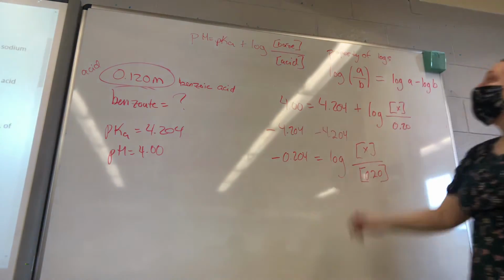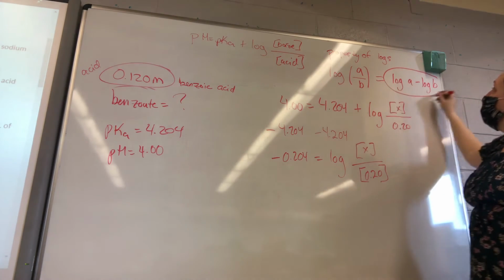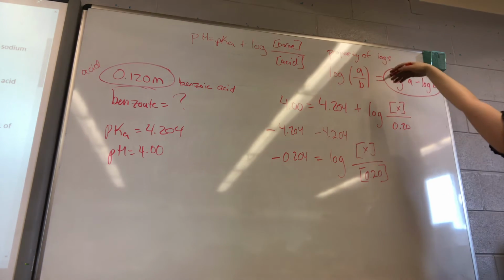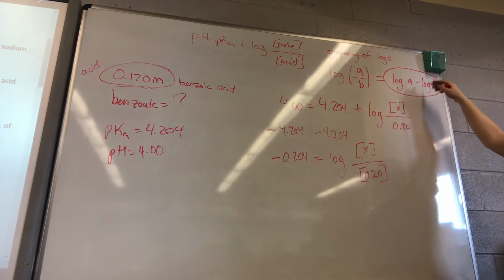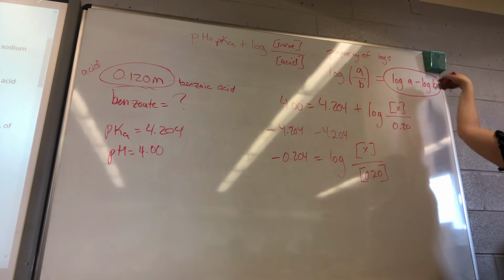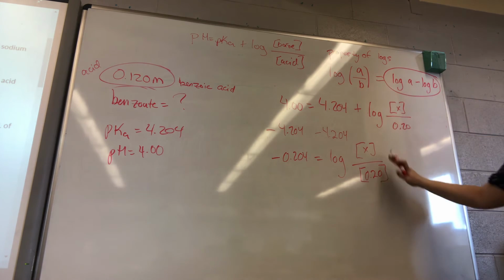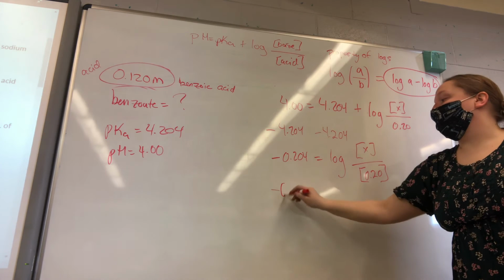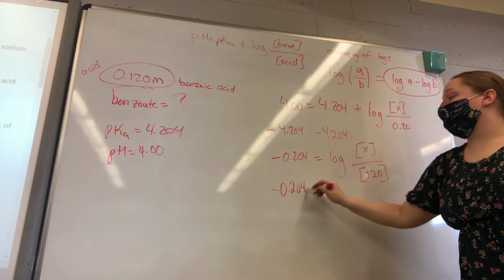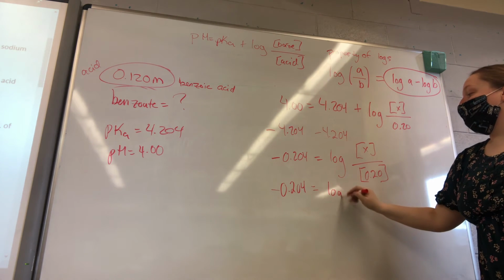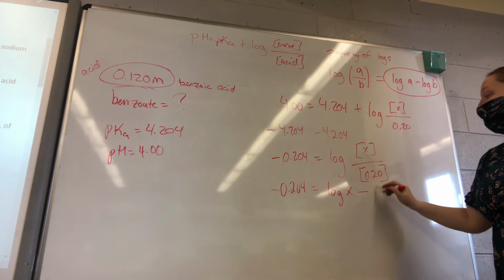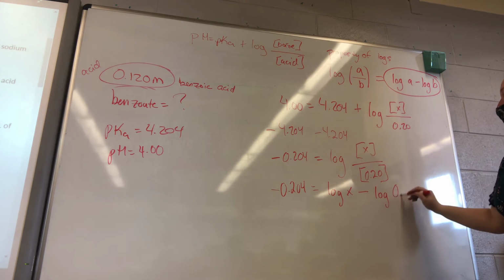It's okay. So here's how we're going to separate the fraction. We're going to take what we know and subtract them instead. So this is going to become the log of x minus the log of 0.2.